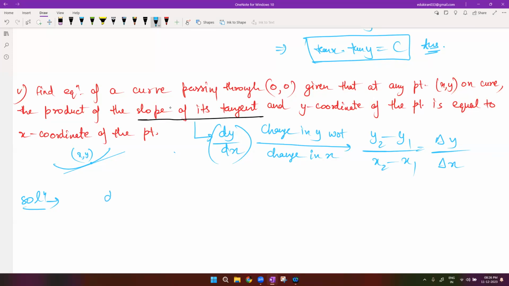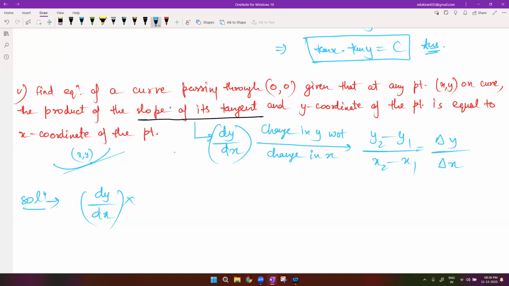Now, what is the slope of its tangent? We already know the slope of a tangent is dy by dx. So, the product of the slope of its tangent, that is dy by dx, into the y coordinate of the point, y. So we are saying that consider a point x comma y, draw a tangent at this point.